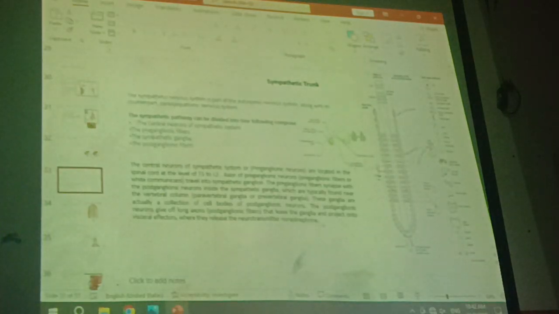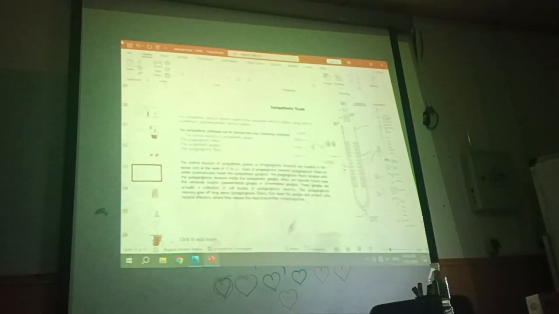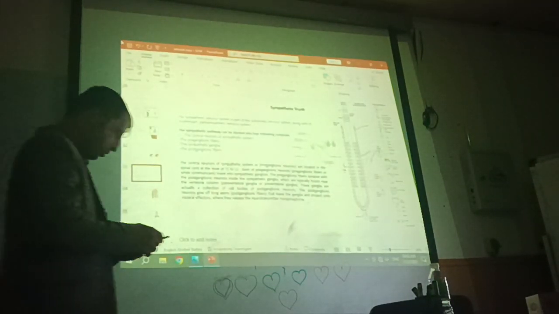At the first, we have the sympathetic ganglion at the level of every vertebra.